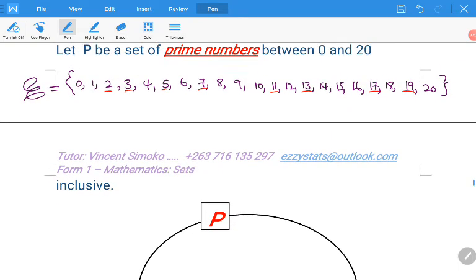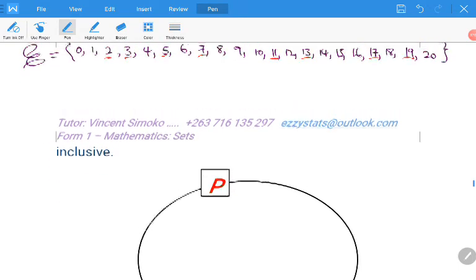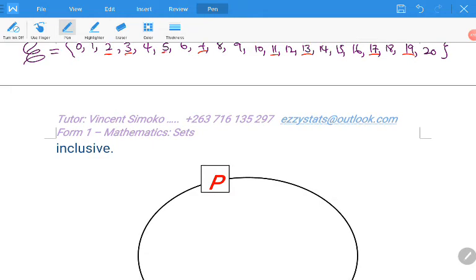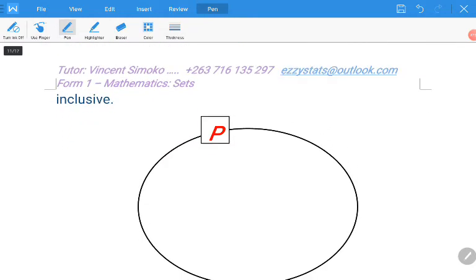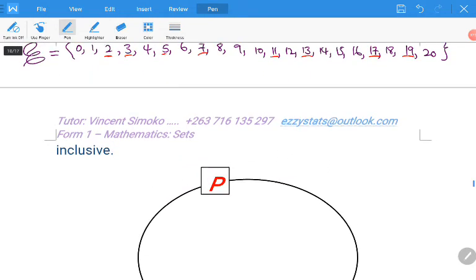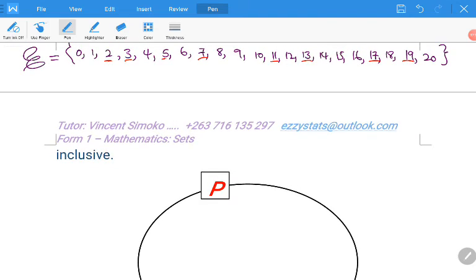So again, we want to present this information on a Venn diagram. So we will put the prime numbers that we have highlighted inside P. So we have 2, 3, 5, 7, 11, 13, 17, and 19.